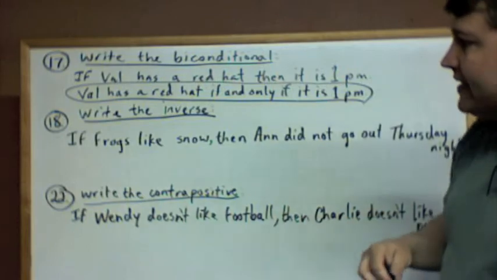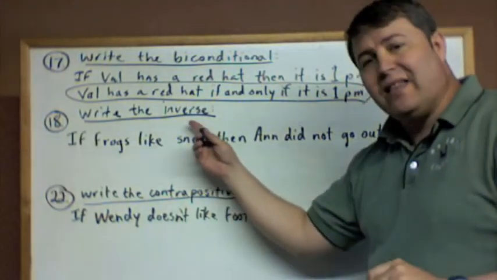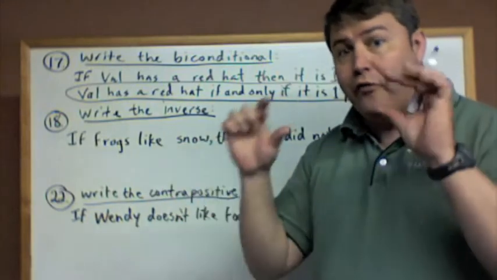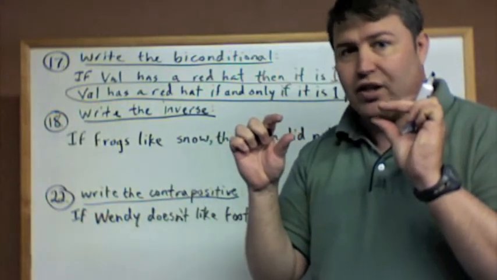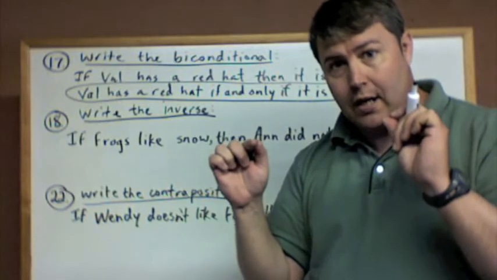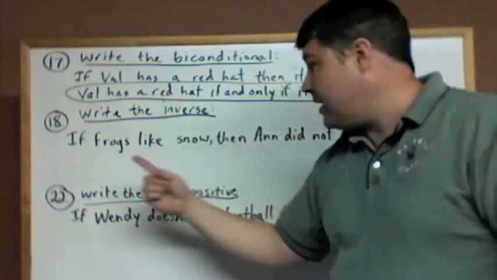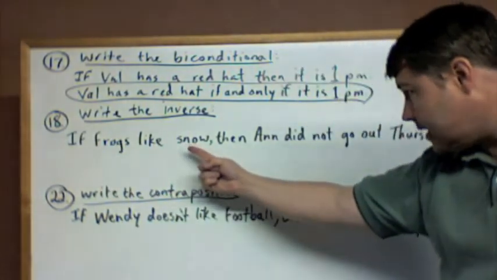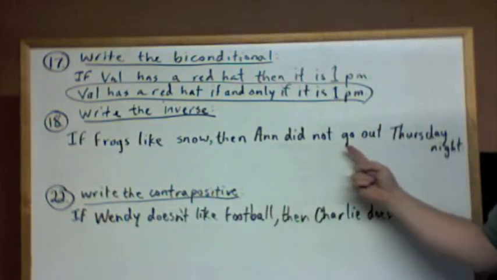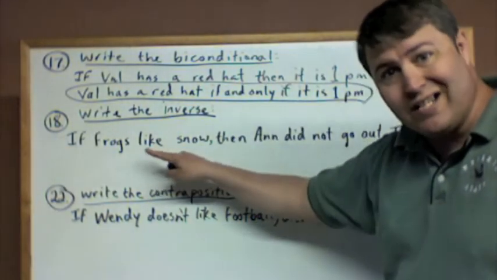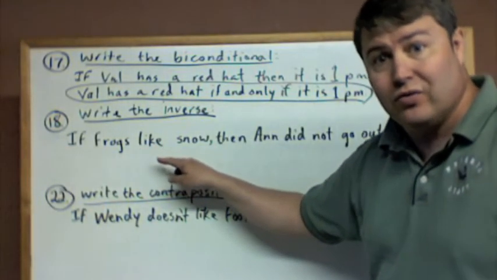Now let's look at number 18. It says, write the inverse. Remember that the inverse of P implies Q is just to negate both of them. Not P implies not Q, the opposite of each of the statements. My original statement is, if frogs like snow, then Anne did not go out Thursday night. What would be the opposite of frogs liking snow? Do not like snow.